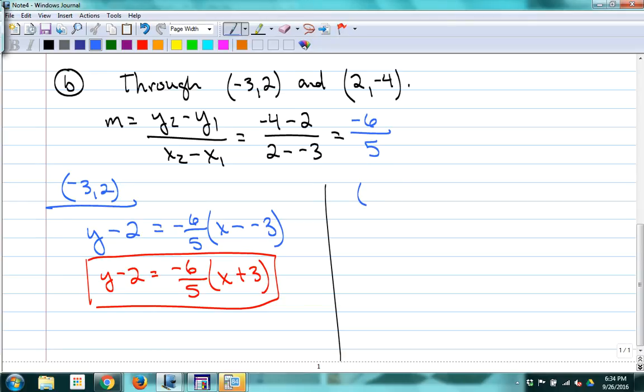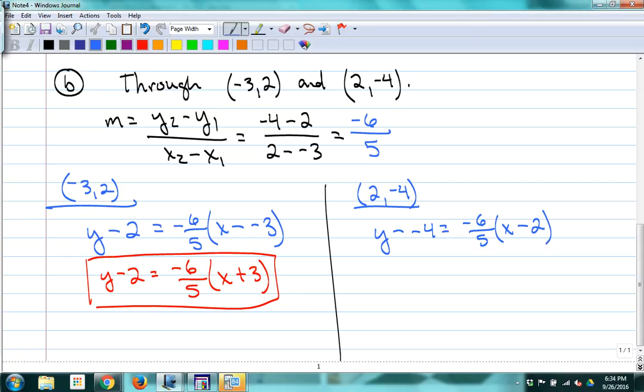What if I use the other ordered pair, 2, -4? There you go.